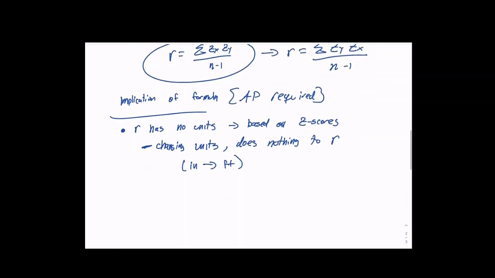It doesn't matter if I measure you in feet, or time in seconds, minutes, hours. If I change the units for either of the variables, say degrees Fahrenheit versus degrees Celsius, the correlation value that gets calculated will be the same. That's a very important piece. Does everybody understand that? You'll get that question tonight.